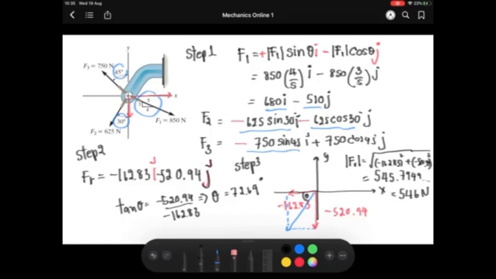So you can use this number to answer as measured from the negative x-axis.